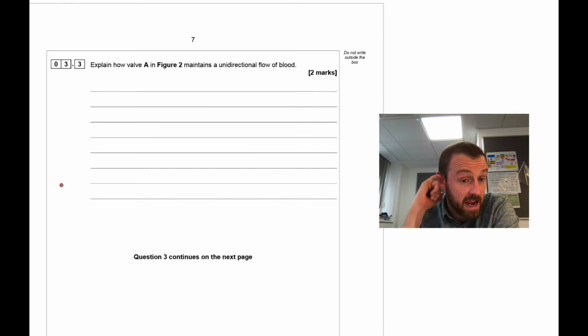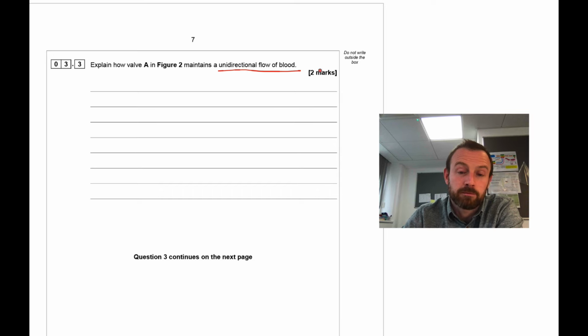Explain how valve A in figure 2 maintains a unidirectional flow of blood. This is about how it closes, basically.